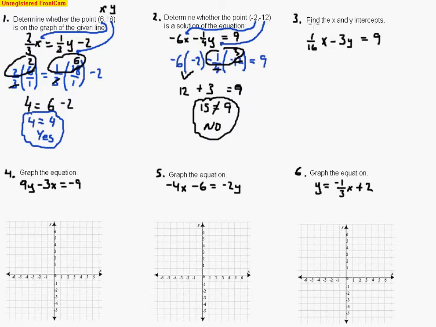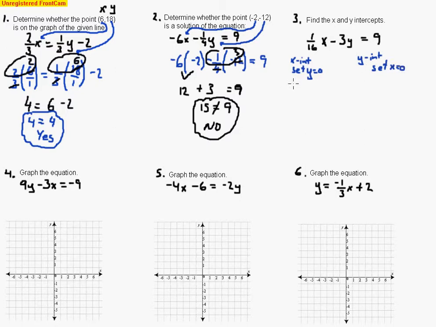Well, the next problem asks us to find x and y intercepts. So what you need to remember is that when we're trying to find that x-intercept, we need to set y equal to 0. And then for the y-intercept, we're going to end up setting x equal to 0.